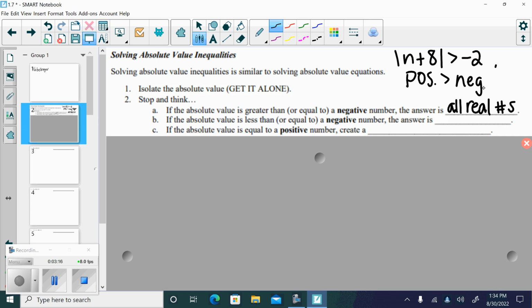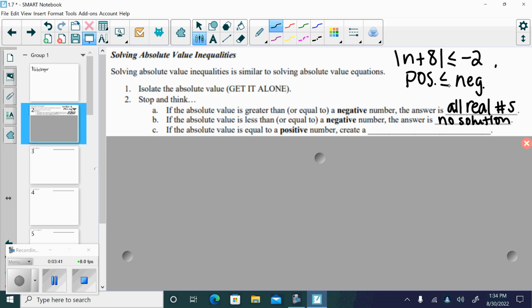All right. If you have that the absolute value is less than or equal to a negative, then your answer is no solution. So we can take this example once again. If I change my sign to be less than or equal to, I have a positive is less than or equal to a negative.